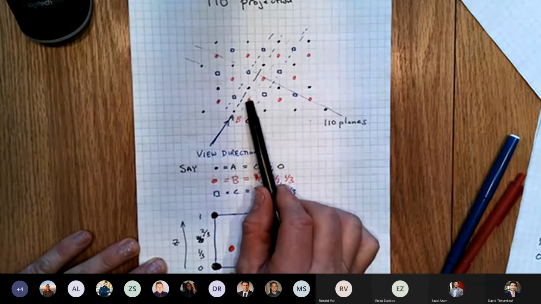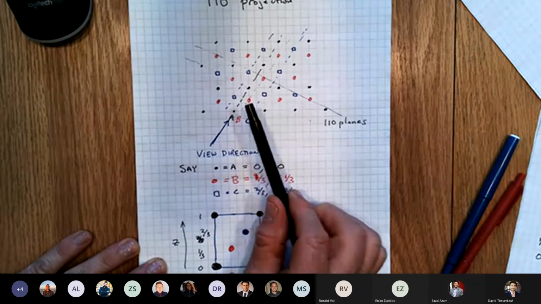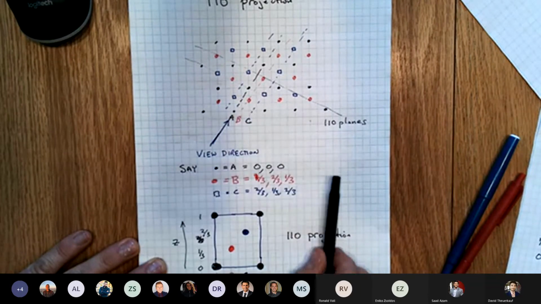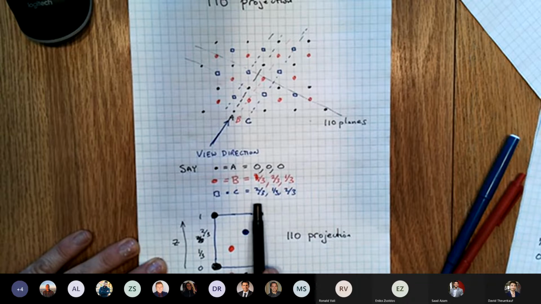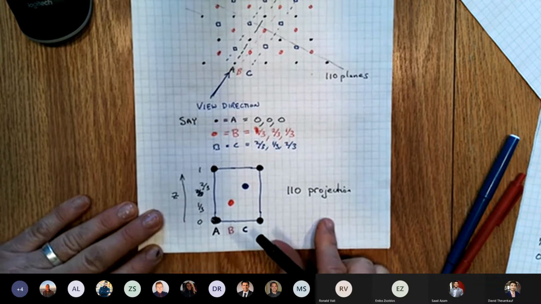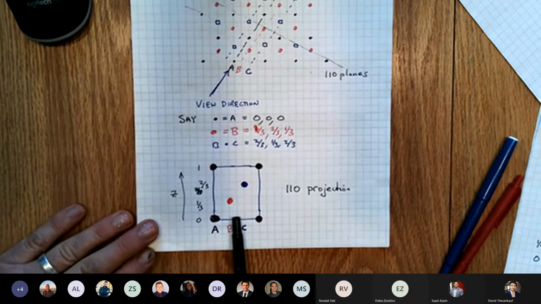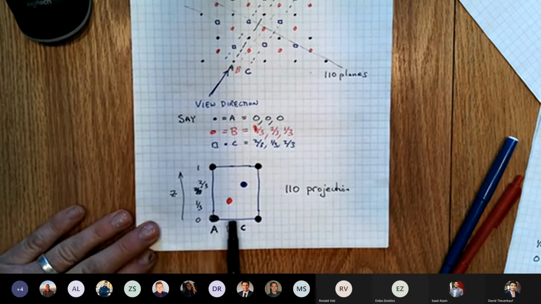If we say the B sites are up off the paper a little bit by 1/3 of the unit cell height, and the C sites are 2/3, 1/3, and we say they're up even further, then you can draw what the unit cell looks like in a 1-1-0 projection.